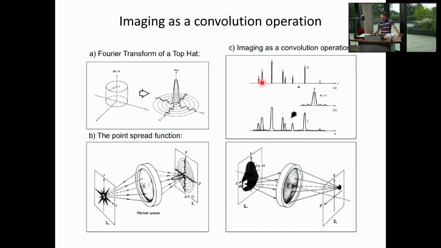And so you get a bunch of PSFs sitting next to each other. And of course, when the PSFs have a certain width, as soon as they start overlapping significantly with one another, you cannot distinguish these points from one another. So you can see now what I mean. Imaging is a convolution operation by way of the fact that the two lenses perform two Fourier transforms.